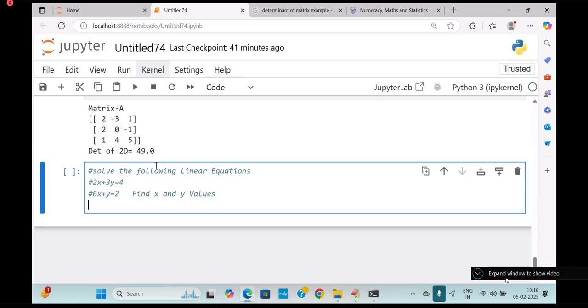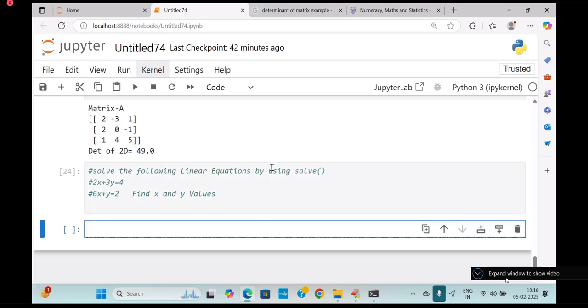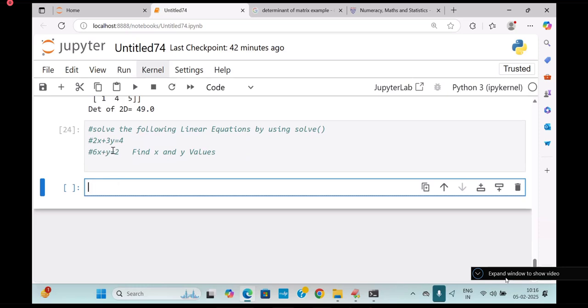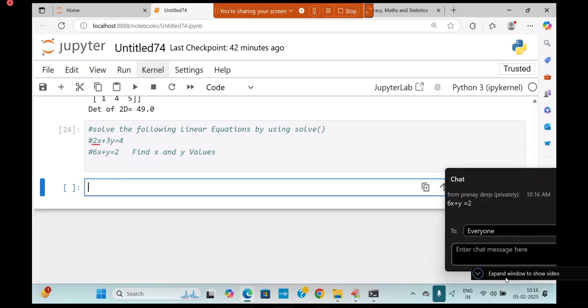So how to find this? By using what? By using the solve function. You need to represent those values. Linear equations and matrices are closely related to each other. Here you take the coefficients, the x coefficient and y coefficient.